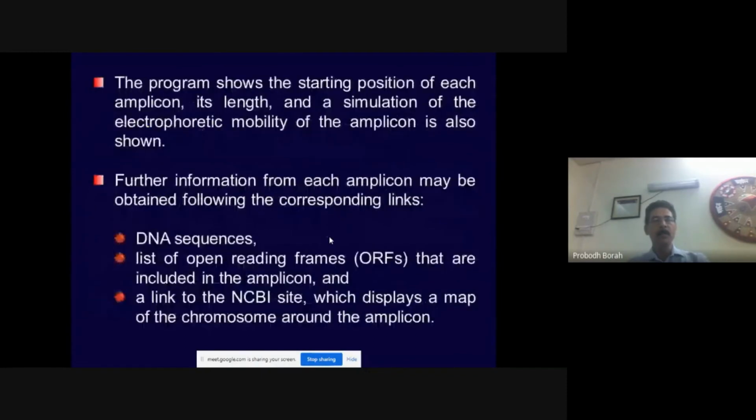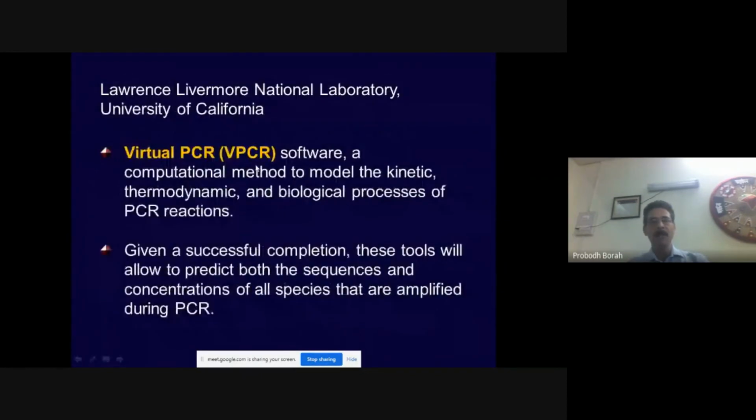Similarly, another platform is available which is called Virtual PCR or VPCR. It's almost similar to the earlier one, in silico PCR. This is developed by Lawrence Livermore National Laboratory, University of California. It has given, of course, some additional parameters or output.